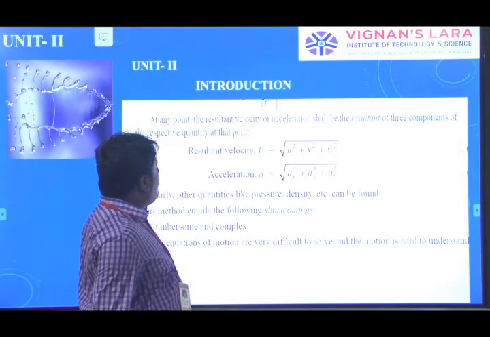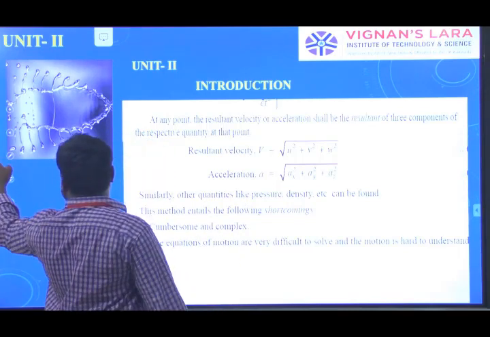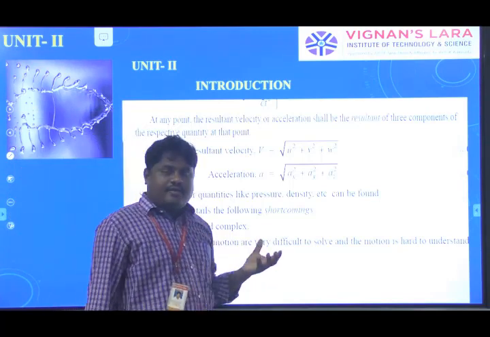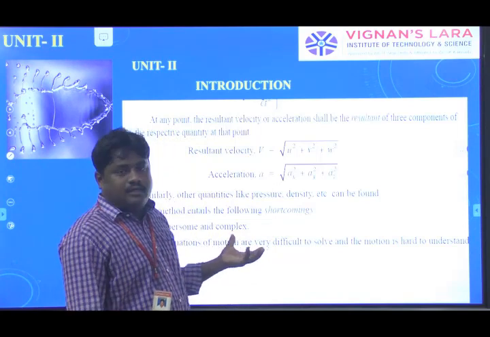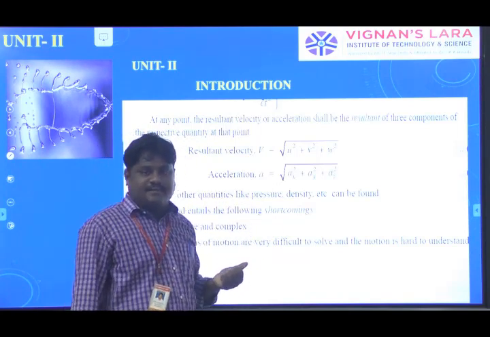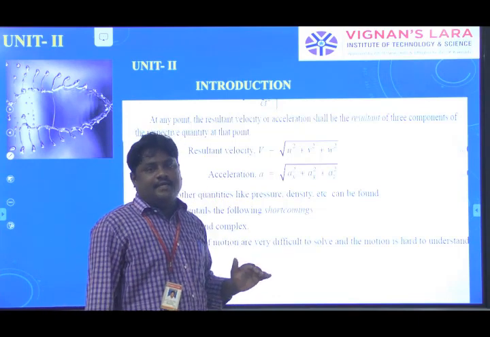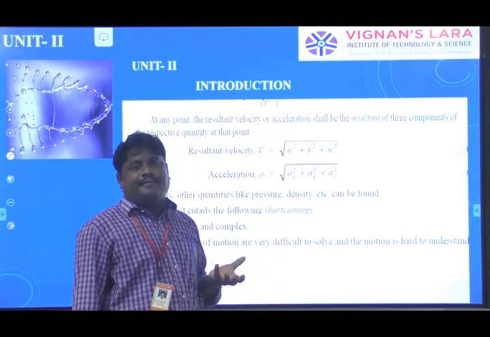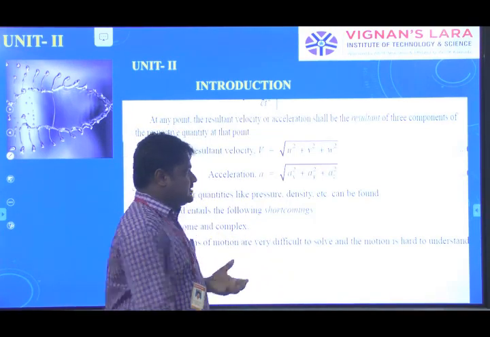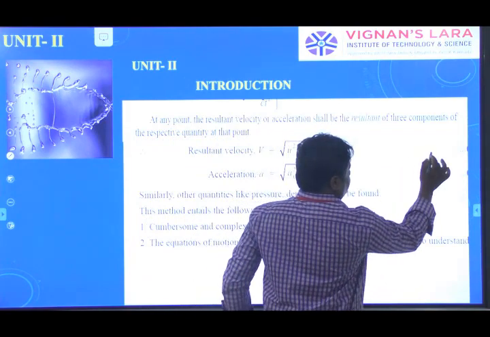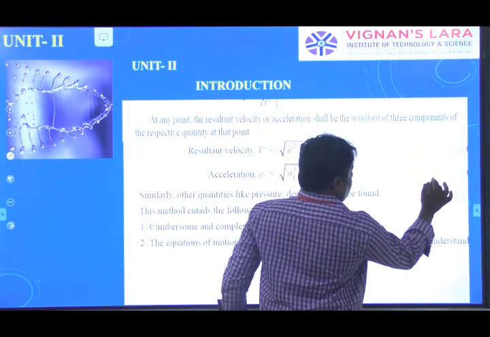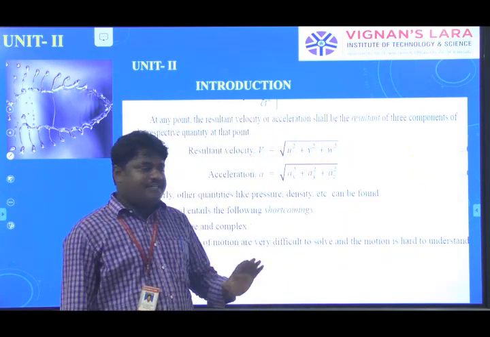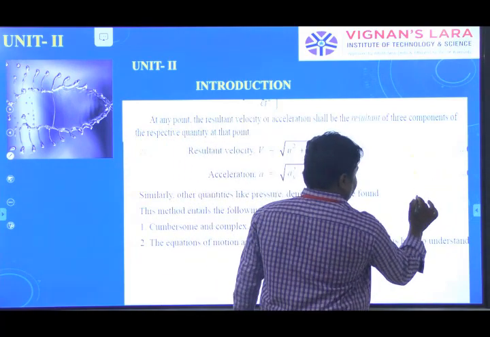Coming to the resultant at any point, we have to observe in engineering mechanics that if you consider any body, all the horizontal forces and the vertical components will be there. So why are we talking about equilibrium? What is meant by equilibrium? Equilibrium means the sum of all horizontal forces must be zero, that is sigma Fx equal to 0, and sigma Fy equal to 0, the summation of all vertical forces should be 0, and then all moments, that is sigma M equal to 0.